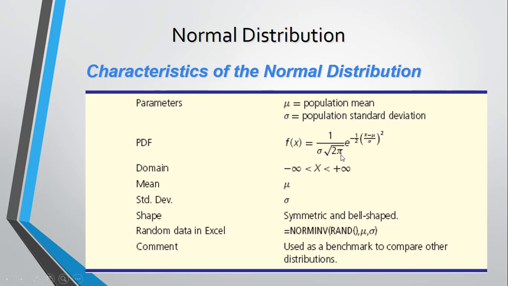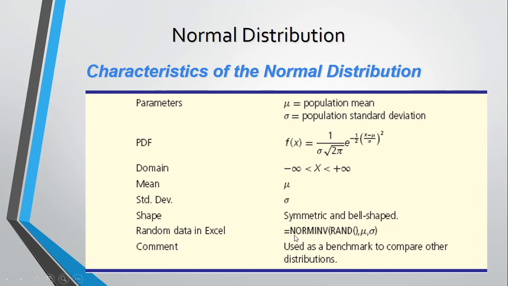The pi is just the pi, 3.1415926. And e is the base of the natural logarithm, 2.718, and so on. Right? The domain is minus infinity to plus infinity. The mean is mu, of course. The standard deviation is sigma. Symmetric, bell-shaped.